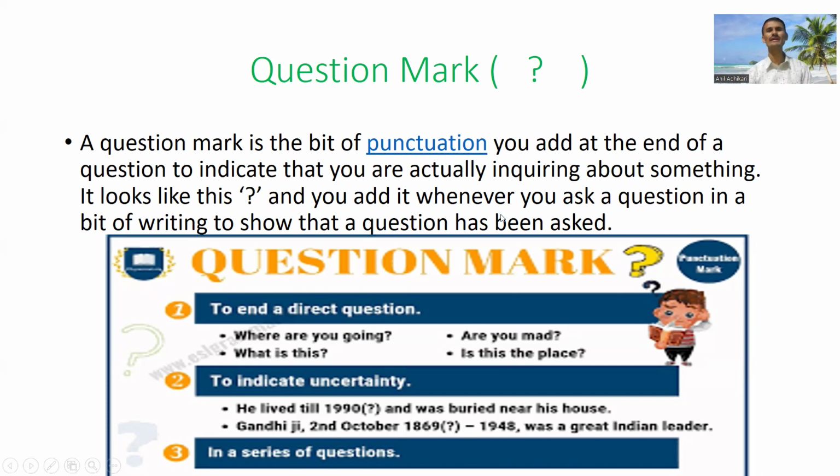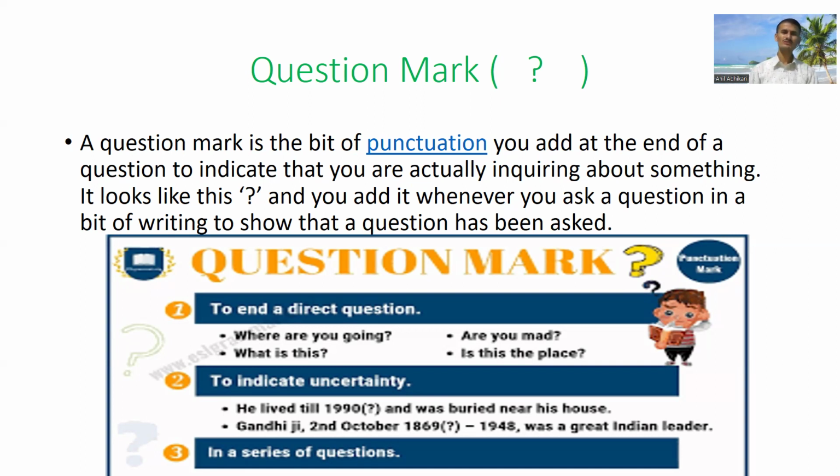You add it whenever you ask a question in a piece of writing, to show that a question has been asked. We use a question mark to end a direct question. Where are you going? Are you mad? Is this the place? What is this? Focus on direct questions: after every direct question, there is a question mark.